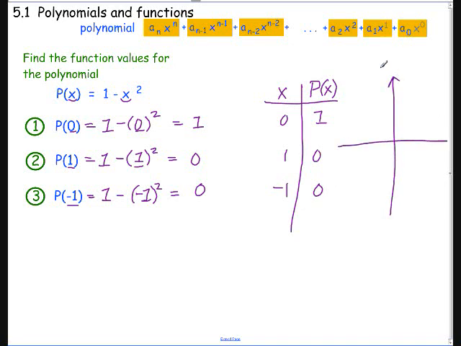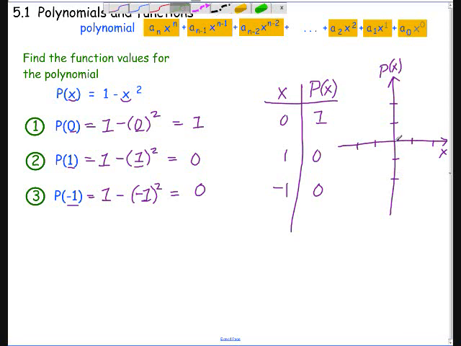And we could say, okay, here's our output, usually we think of y, and here's our input, x, and I could graph it.